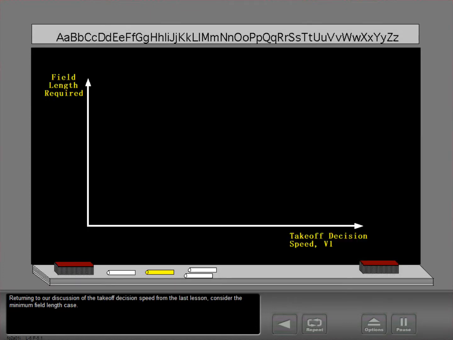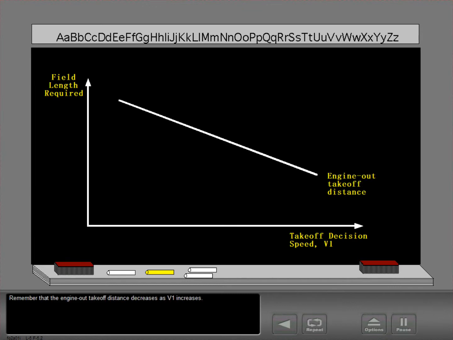Returning to our discussion of the takeoff decision speed from the last lesson, consider the minimum field length case. Remember that the engine-out takeoff distance decreases as V1 increases. This is due to the fact that the airplane accelerates to a higher speed on full thrust before losing one engine.